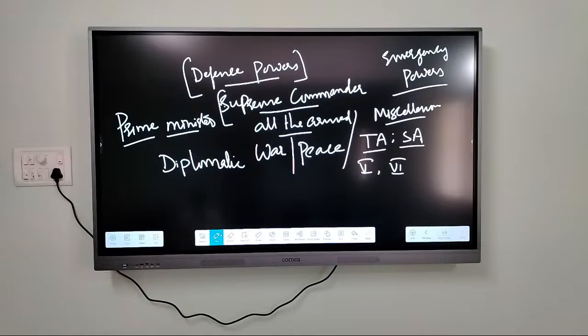Once again I repeat the question. President of India, though a constitutional head of the union government, cannot become authoritative.